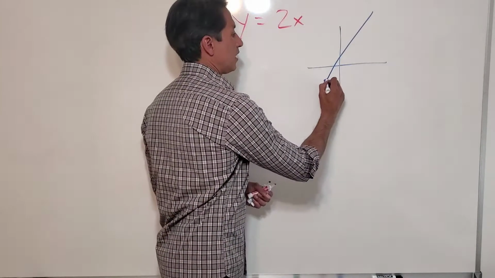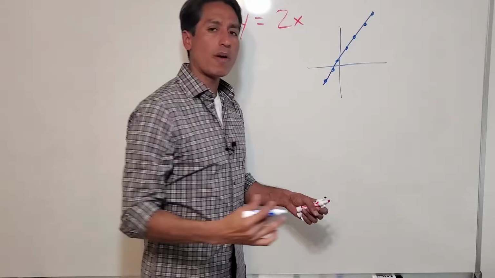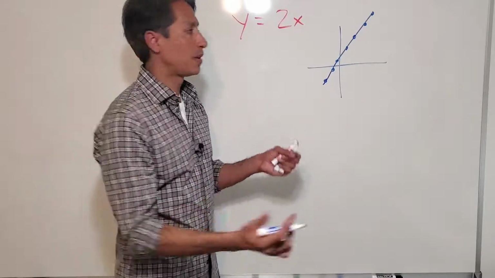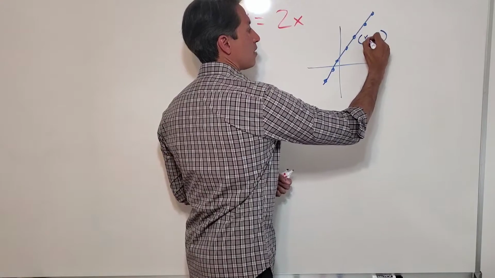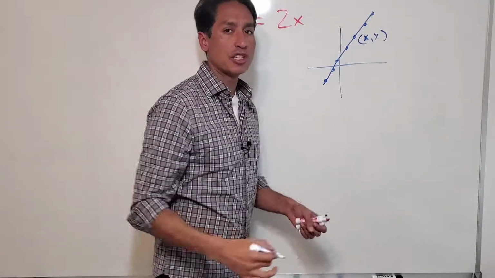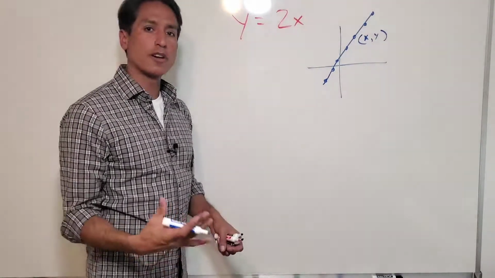Any of these points are considered solutions. So any point should have 2 answers to it, right? This point here should have an x and a y value. So when it asks you for solutions to a linear function, they're looking for you to give ordered pairs.